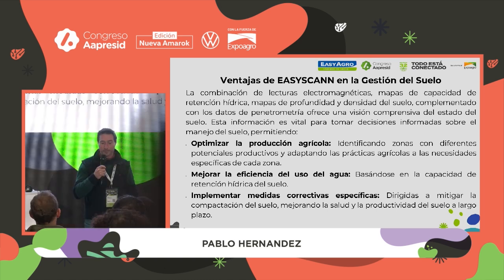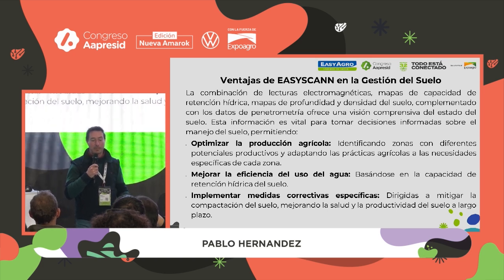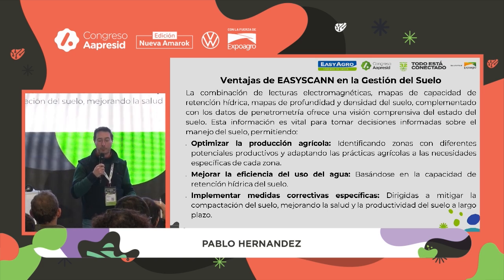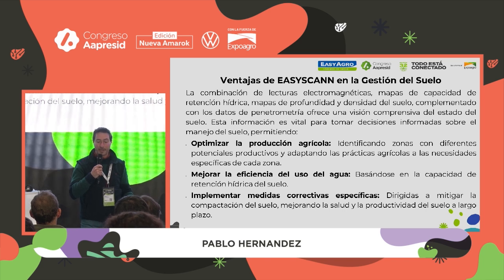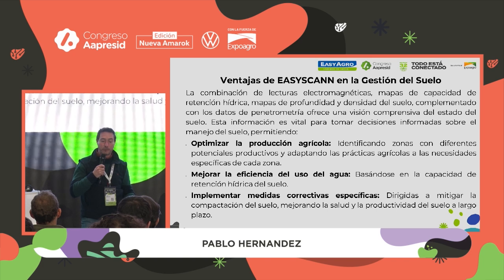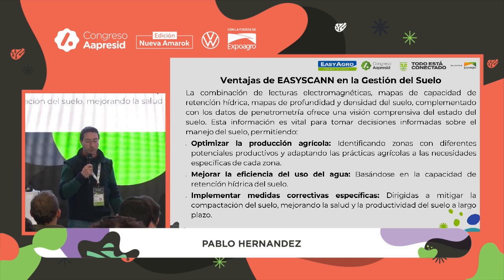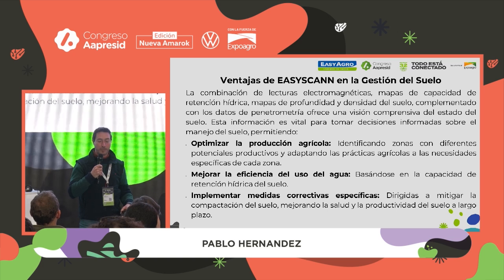The advantages of EC scan for soil management is the combination of electromagnetic readings, maps for hydric retention, water retention capacity, depth and soil density maps, complemented with the data with the penetrometer that offers a comprehensive vision of the state of the soil.